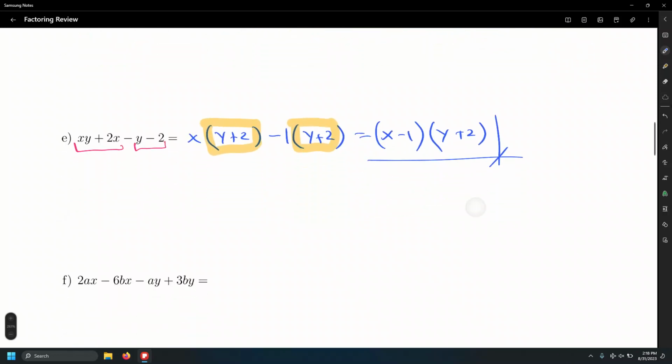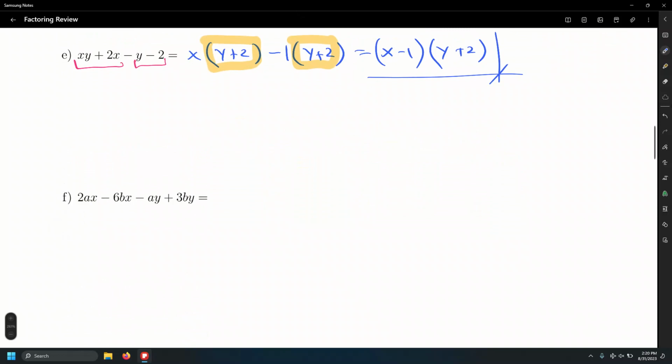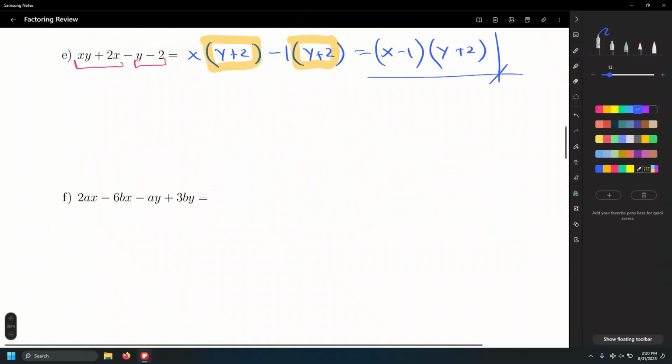All right. So again, let's group the first 2 terms. And let's group the last 2 terms. Now, this one has a lot of letters and symbols and numbers, but it still works the same.